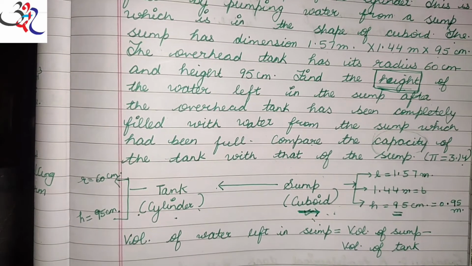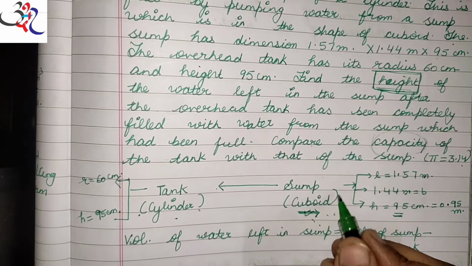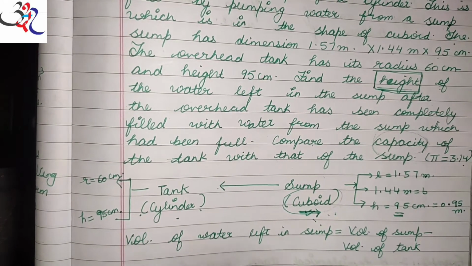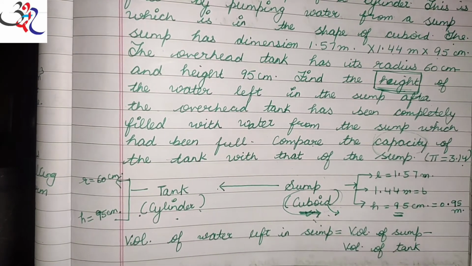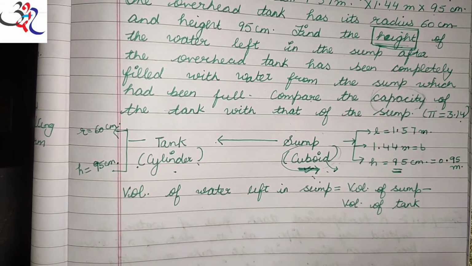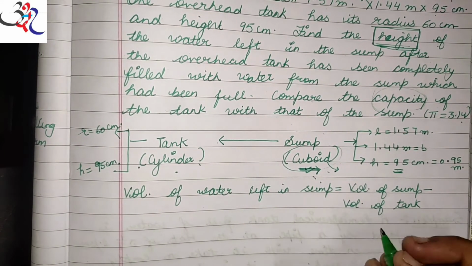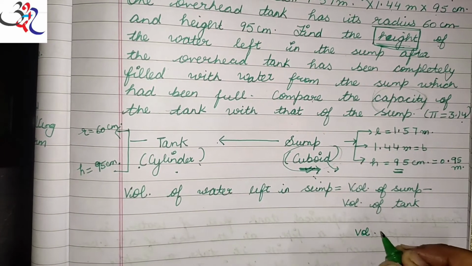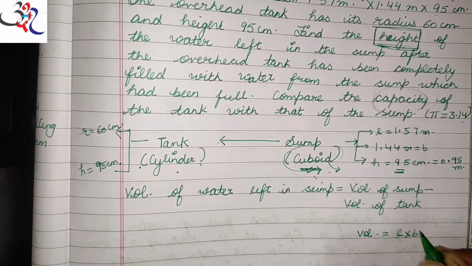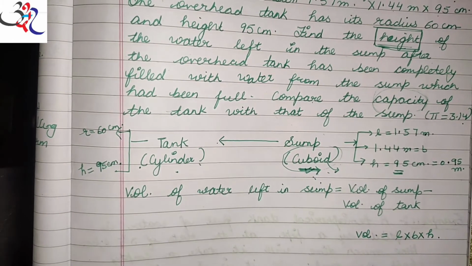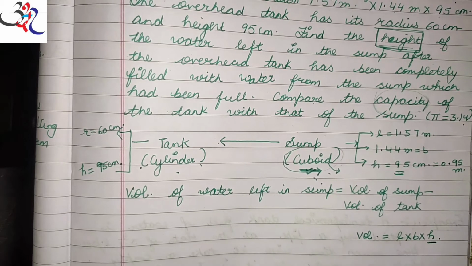Right, so how can we find out the height? This is the cuboid. In the case of a cuboid, how can we find the height? If we know the volume, volume is length into breadth into height. So we have to find out this height.